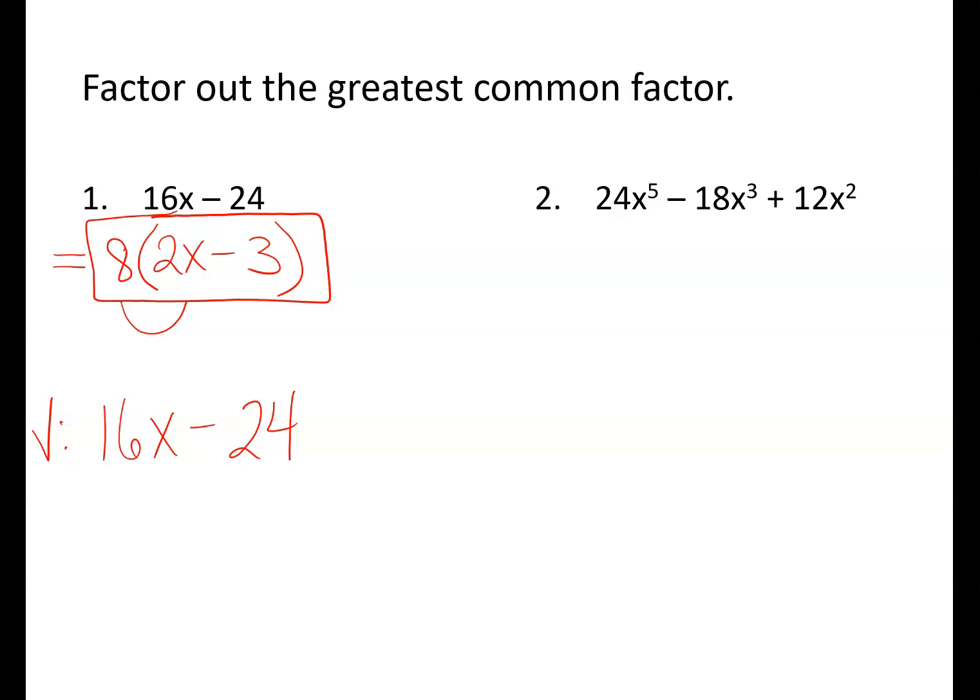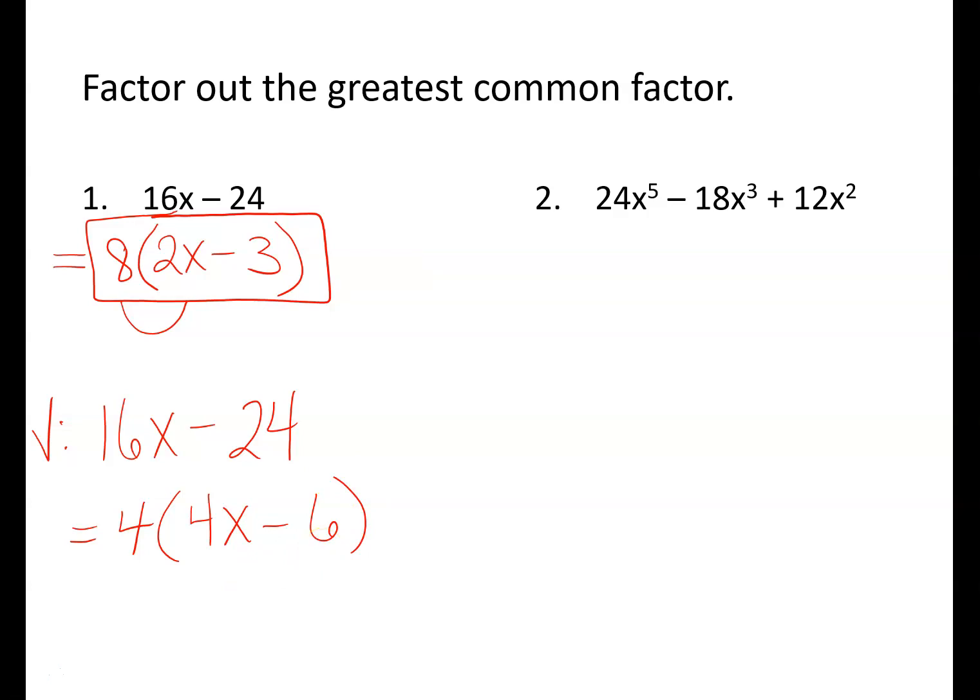Now, you have to be careful though, because sometimes it might not be completely factored. Maybe you didn't think about 8 as being the greatest common factor. Maybe you decided to factor out a 4 instead. And you divided by 4 and got 4x minus 6. Well, if you distribute that 4, it does give you 16x minus 24.